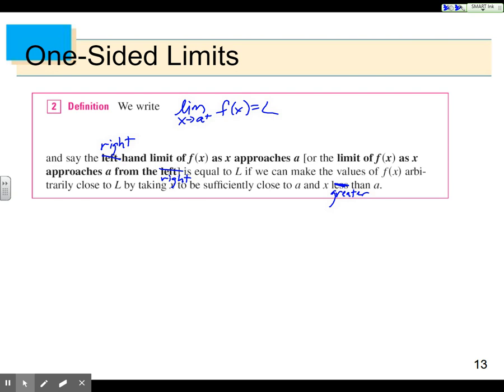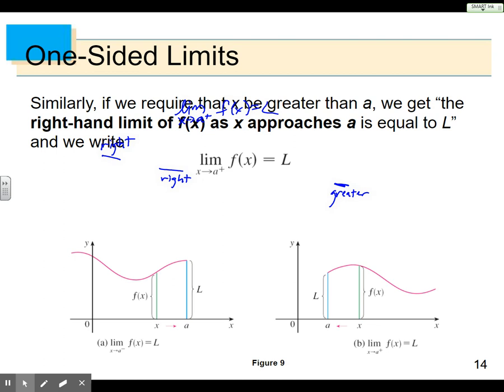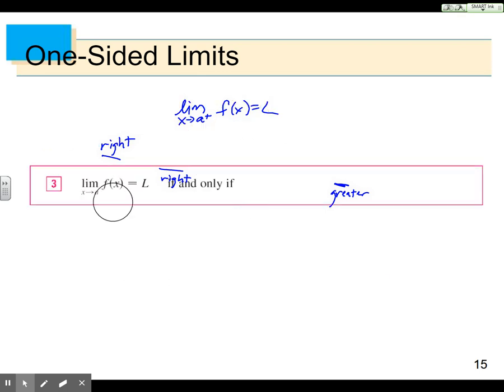Okay, so both of these have been introduced, and I like introducing both of these because now we get such a better definition of a limit.